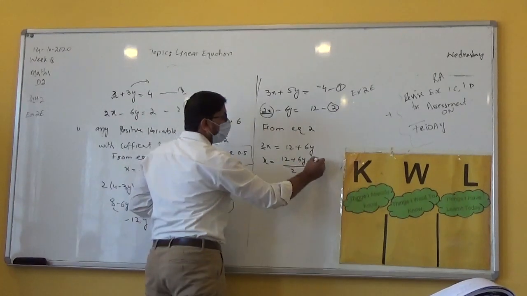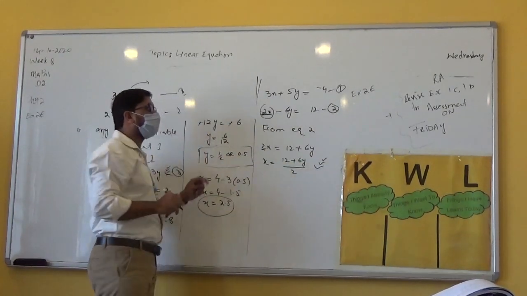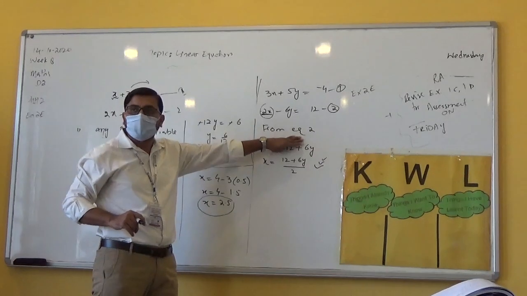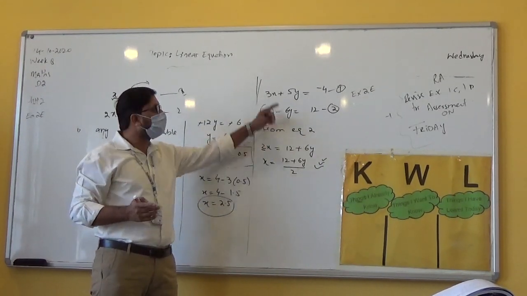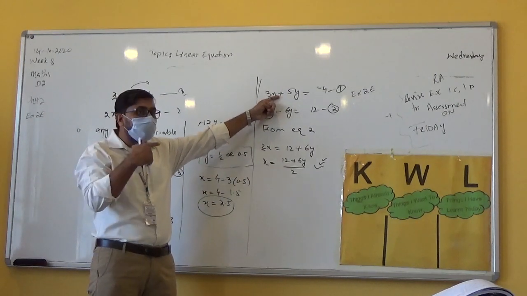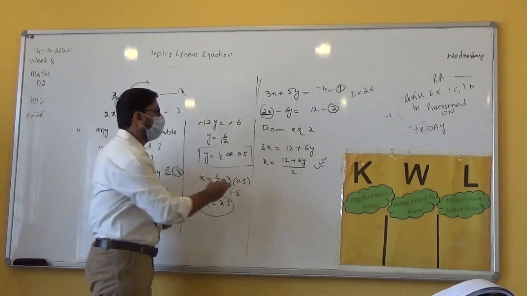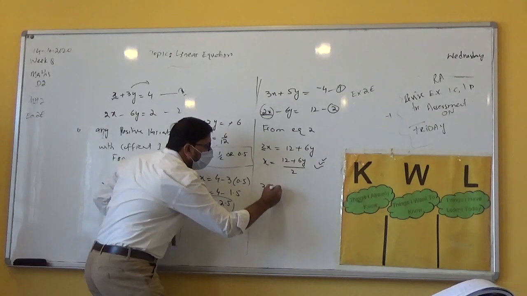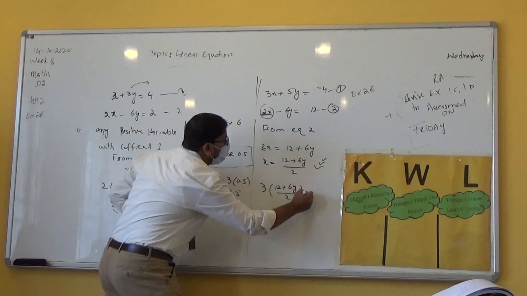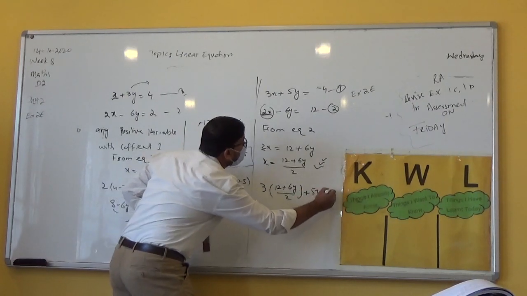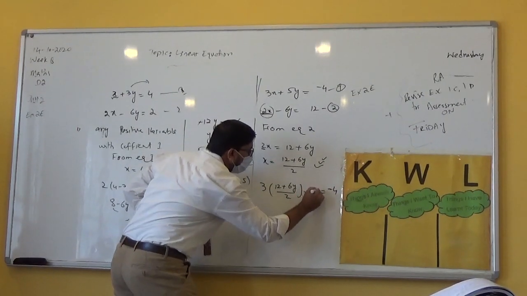Now this is your new equation, which we drew from equation 2. Now replace back this value of x in equation 1 in place of x. So 3 into 12 plus 6y by 2 plus 5y is equal to minus 4.